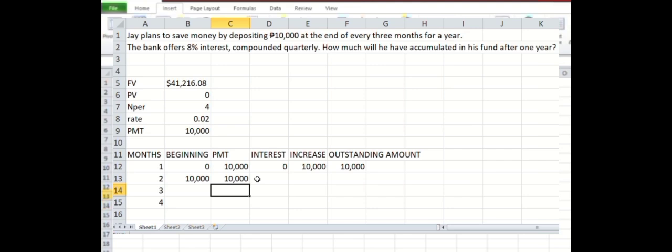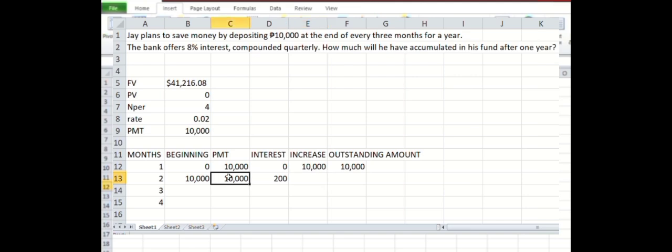And we have also here our interest, which is equal to B13, our beginning, times the rate. And let's also put the dollar sign in our rate.